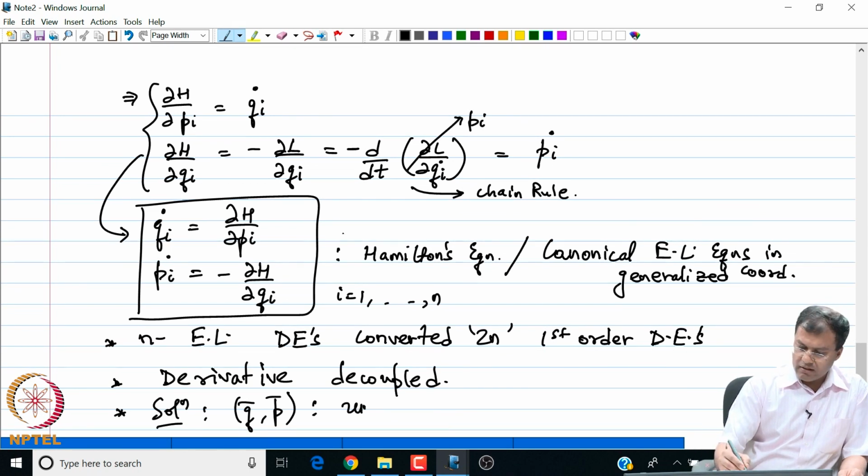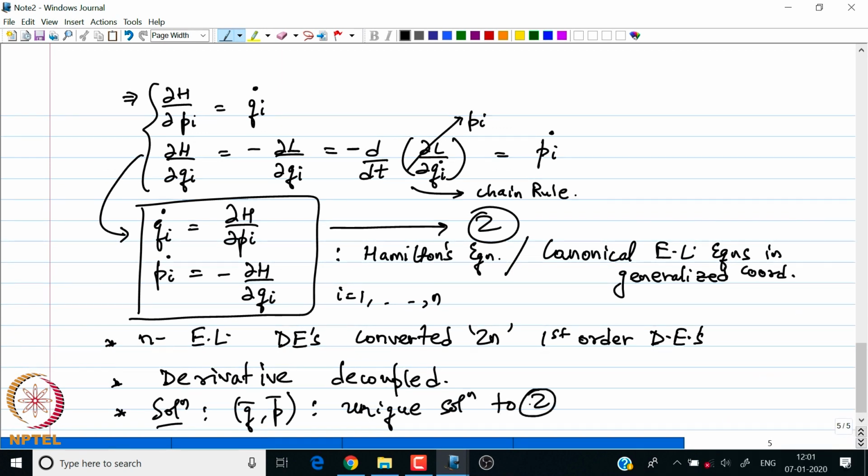Let me call this description 2. It is a unique solution to 2 provided the Hessian matrix has a non-zero determinant, this sort of Hessian, partial q1 dot to qn dot by partial p1 to pn. The determinant of this Hessian is non-zero, right?